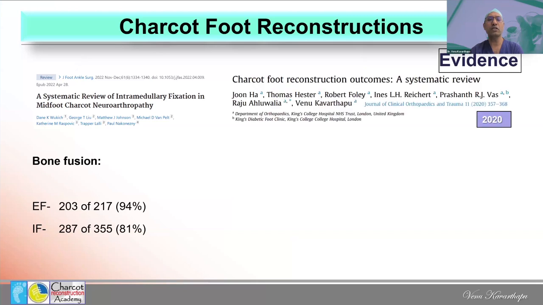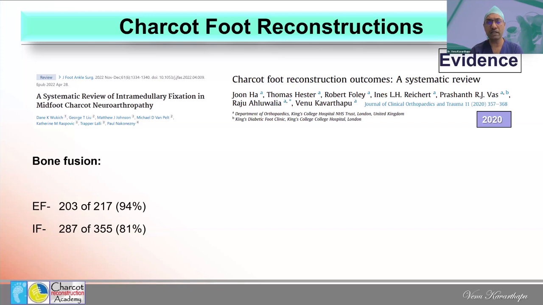And we have also done another more detailed systematic review in 2020, looking at different components of Charcot foot reconstruction using external fixation and internal fixation. So as an example, the bone fusion rate with external fixation was found to be 94%, and with internal fixation, 81%.